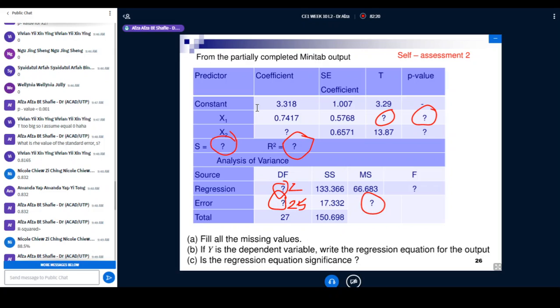The x1 is basically not significant because the p-value is between 0.2 and 0.3. Then you rewrite back the equation. Okay, that's it. So this is for the multiple linear regression chapter.